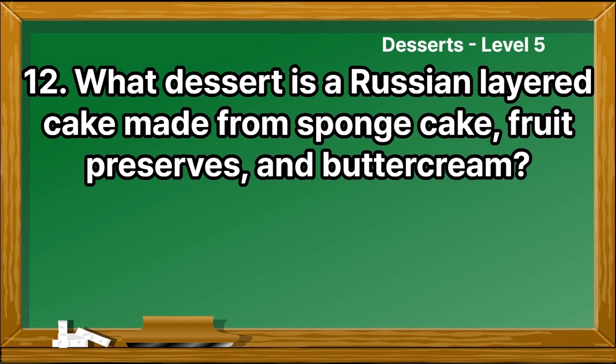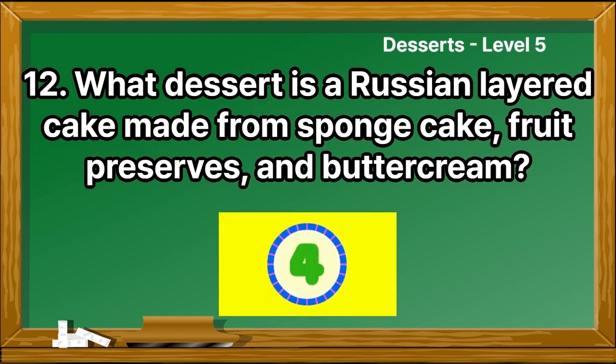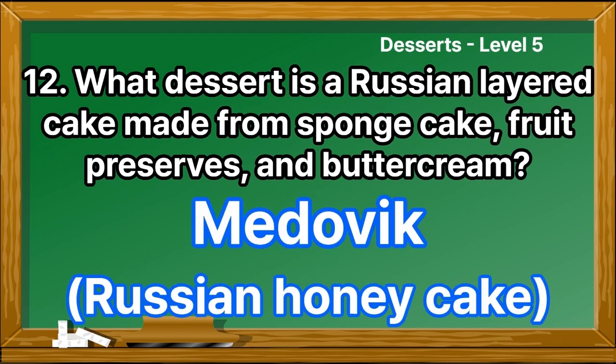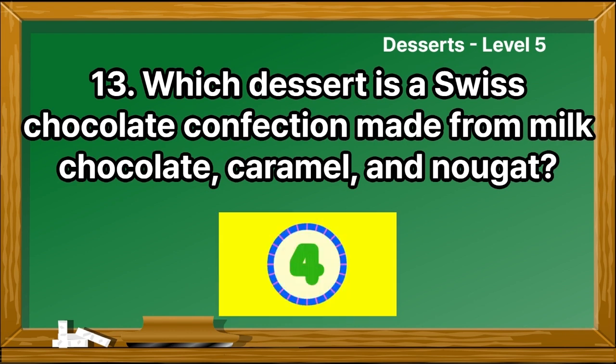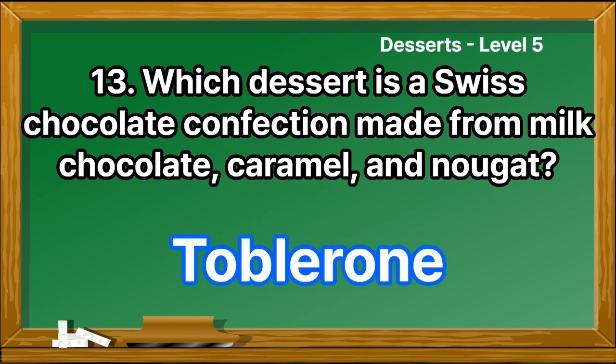What dessert is a Russian layered cake made from sponge cake, fruit preserves, and buttercream? Miedevik. Which dessert is a Swiss chocolate confection made from milk chocolate, caramel, and nougat? Toblerone.